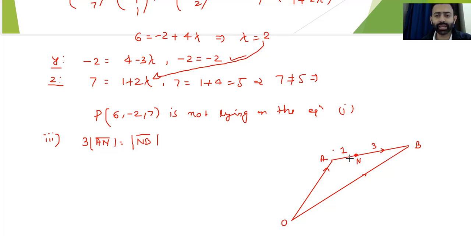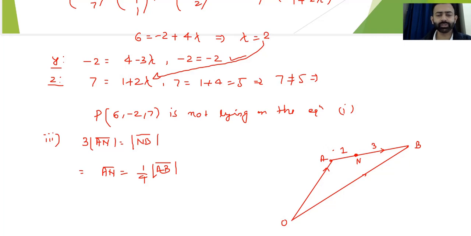So I will write this AN in terms of the AB vector because I know the vector AB using the position vectors of A and B. So if I write the AN vector, it will be 1 by 4 of AB. Total parts of AB will be 4. So in terms of AB, I will write vector AN.